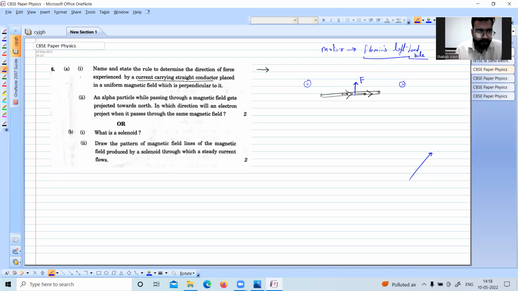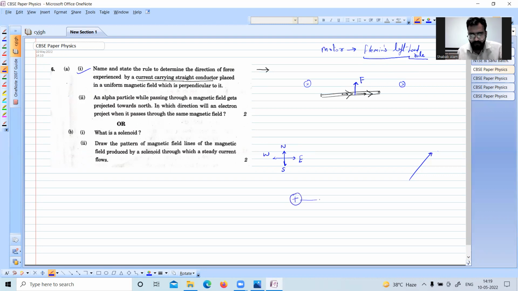Okay, now the next part. An alpha particle while passing through a magnetic field gets projected towards north. So in such cases, for convenience, you should draw north, south, east, west. Now the alpha particles are there. Alpha particles are positive particles, you very well know, as we covered in the theory lectures.